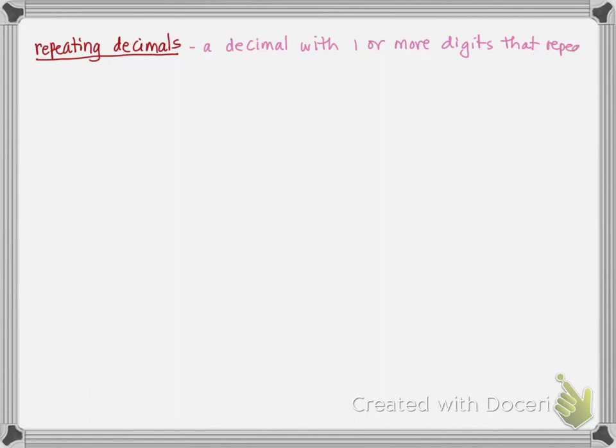I think we all know what repeat means. It's the same thing over and over again. So what we're going to do is let our audience know that this is a repeating decimal, because we are going to use what's called a bar notation. That's a signal that somebody says, oh, that digit keeps repeating.